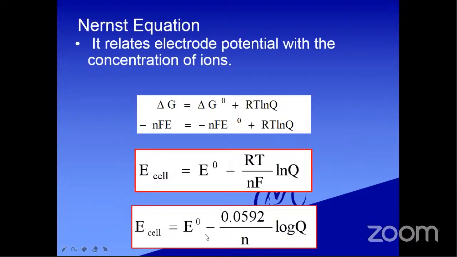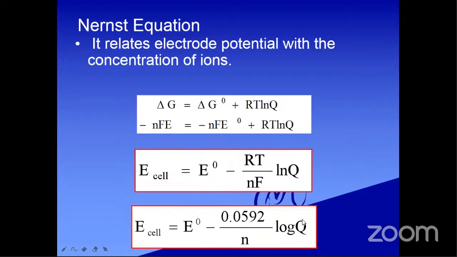So the Nernst equation is E cell equal to E naught cell minus 0.059 by n log Q. Here E cell is the electrode potential and E naught indicates the standard electrode potential. n indicates the number of electrons involved in the corresponding chemical equation, and Q indicates the equilibrium constant.